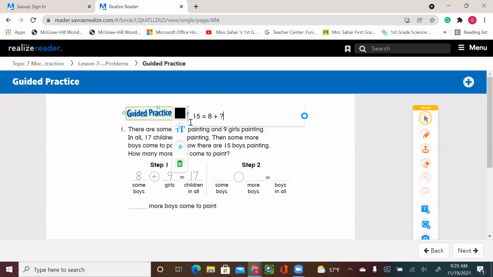So now I'm looking for 8 plus something equals 15. Again, I know my doubles and near doubles, and I know 8 plus 7. So I'm going to say 15 equals 8 plus 7. So now I know that 7 boys joined them.